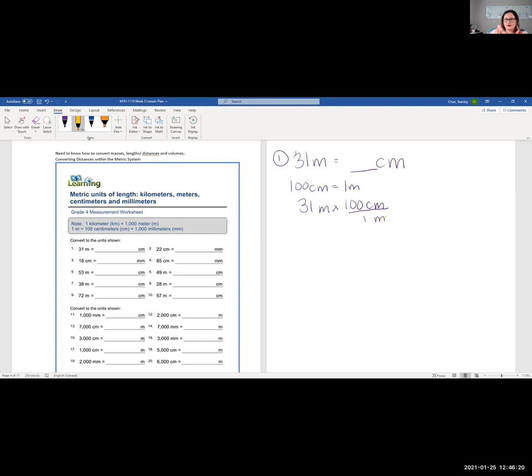We watch the units cancel, so meters cancels with meters, and we're left with 31 times 100, which is equal to 3,100 centimeters. So that's how to do conversions of meters over to centimeters.